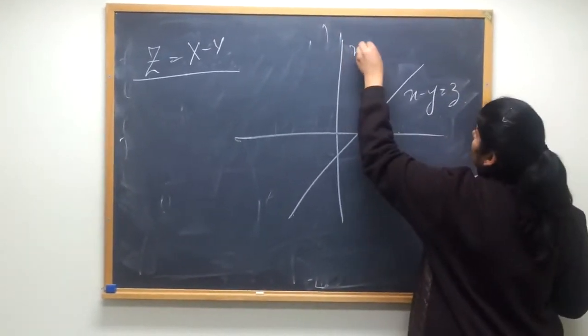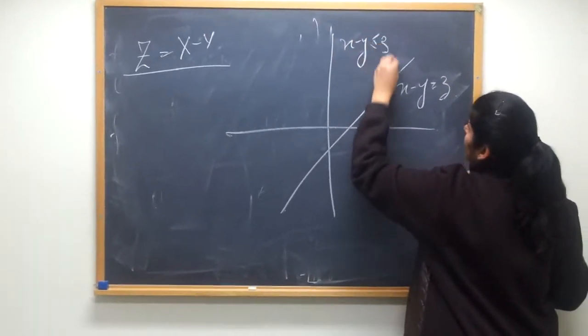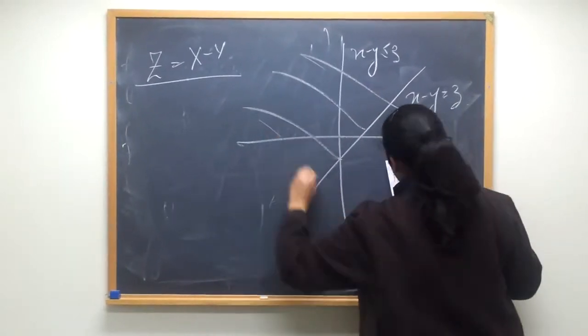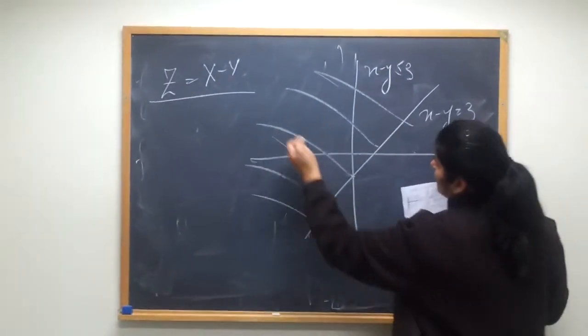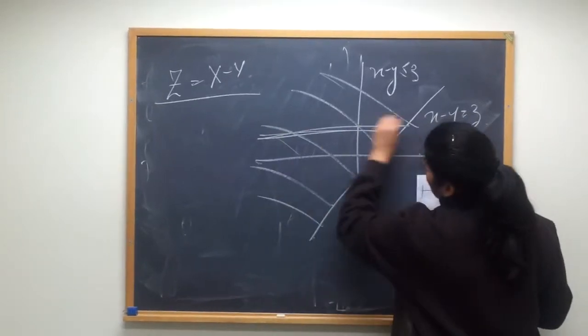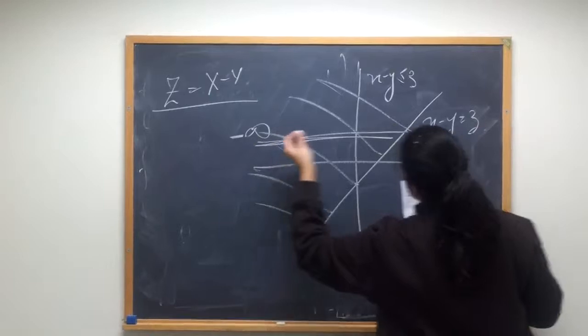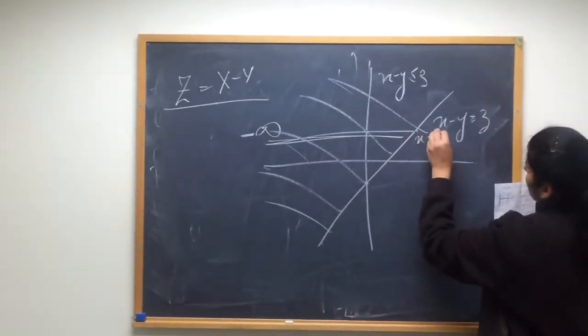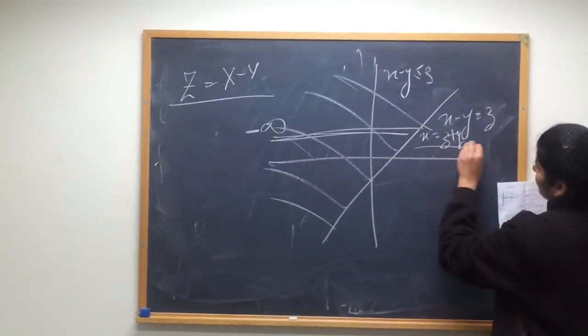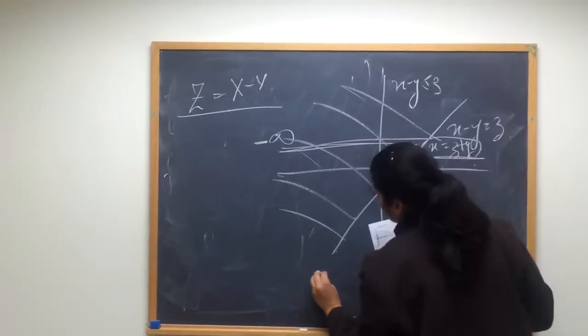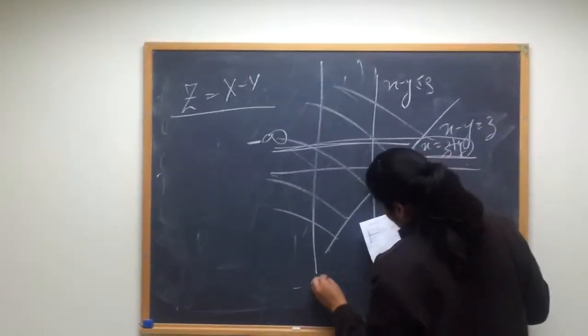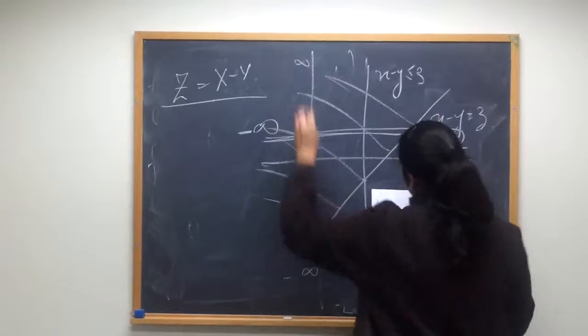So x minus y less than or equal to z will be this area. Again we'll have the limits. The x limits will be from minus infinity to x equal to z plus y, and we'll have the limits of y from minus infinity to infinity.